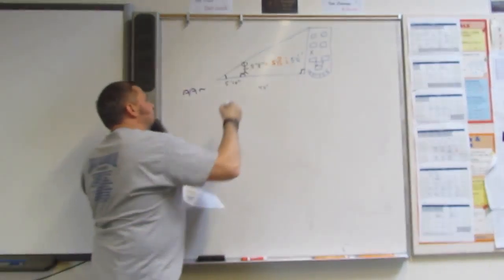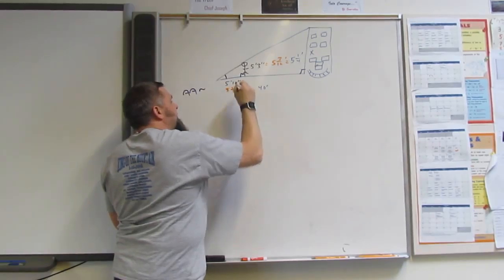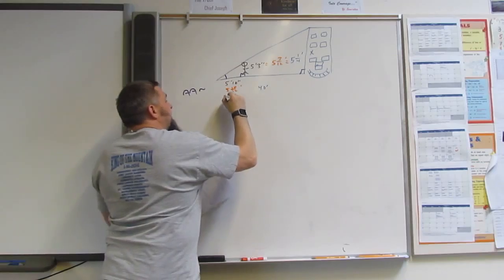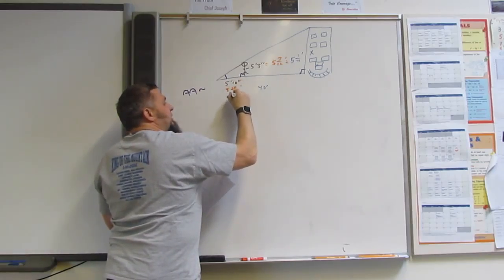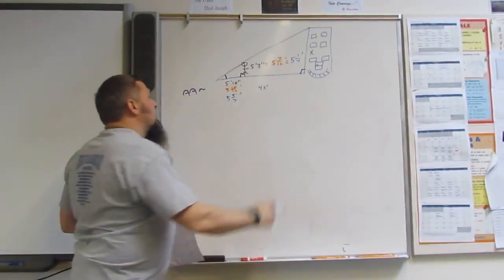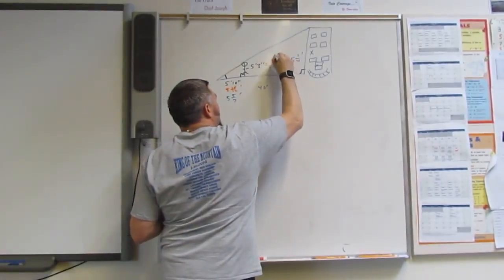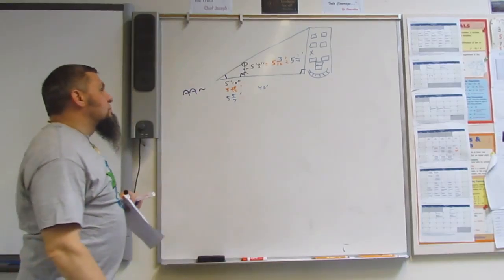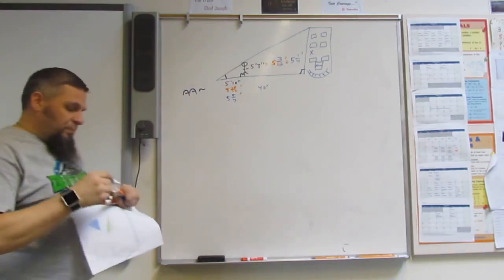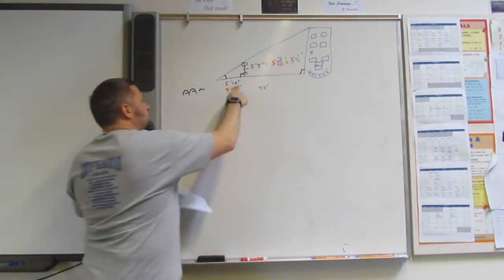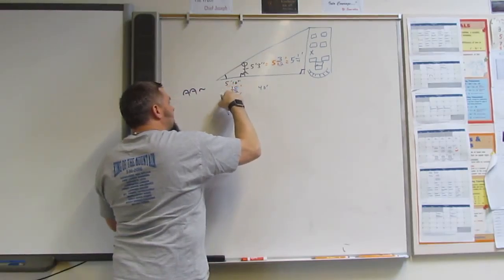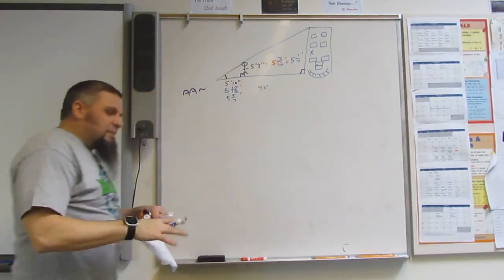And then this is 5 10/12 feet, which could also be written as 5 5/6 feet. Let me write these a little bit better: 10 over 12 and a 5, because I'm trying to be clean.